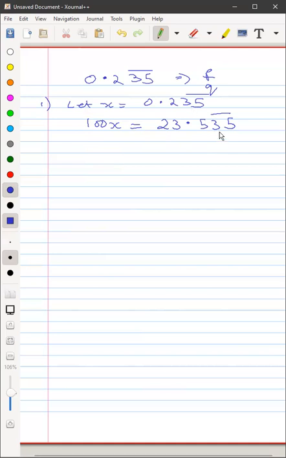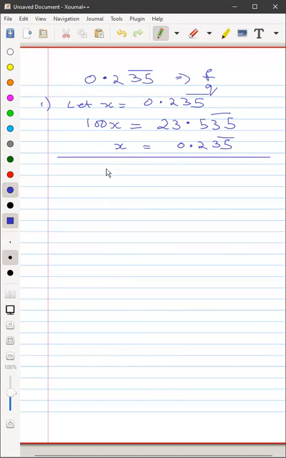Did you understand this? Okay. Now, there's a slight difference here. Then x is equal to 0.235 bar.